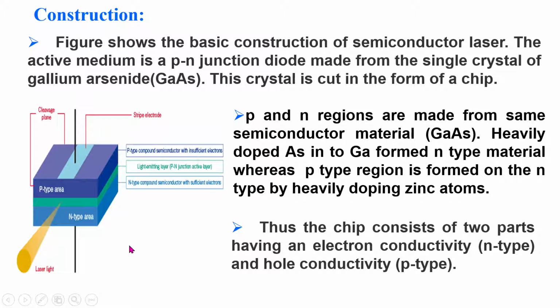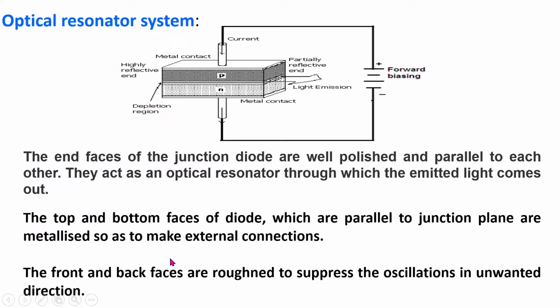So by taking a suitable crystal of gallium arsenide, there is the formation of an active medium. Then the second one is the optical resonator. How is the optical resonator created in the PN type of semiconductor diode?